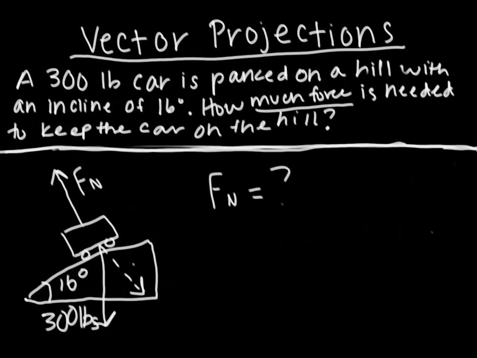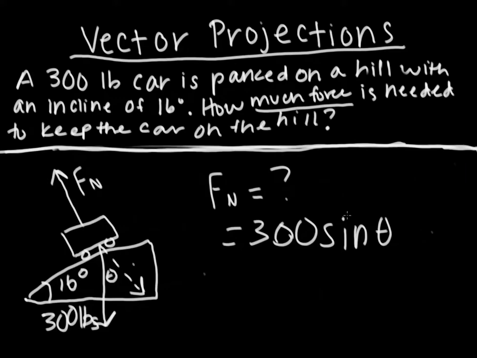So you don't know this vector. Through SOHCAHTOA, you could find that it is just 300 times sine of theta. And if you didn't know, this is also theta.